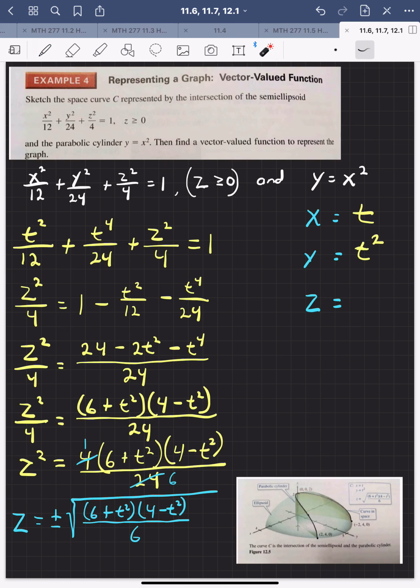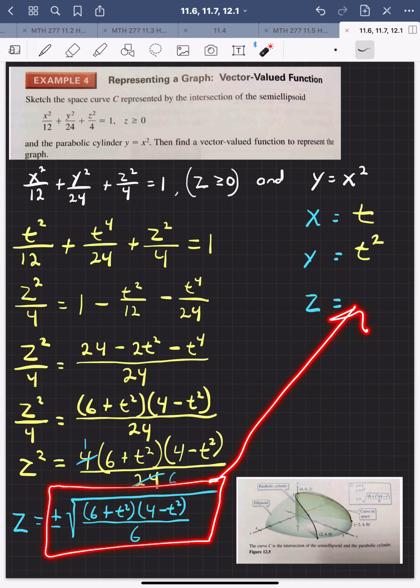And now, we had glanced at that restriction on z before we started this. Remember, z must be greater than or equal to 0. So that tells me which one of these to choose, right? Because if that restriction wasn't there, then I could write positive z or the negative z.